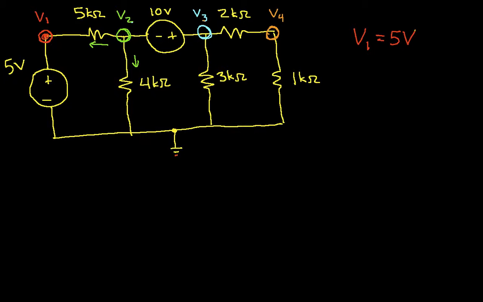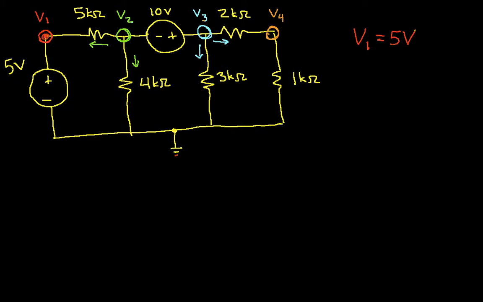Similarly, at node 3 we'd like to apply Kirchhoff's current law, and we have currents leaving through the resistors, but we don't know what current is flowing through the 10-volt source. So this sort of complicates things. It turns out, however, that we can still get 2 equations in terms of our unknowns from looking at node 2 and node 3 together.